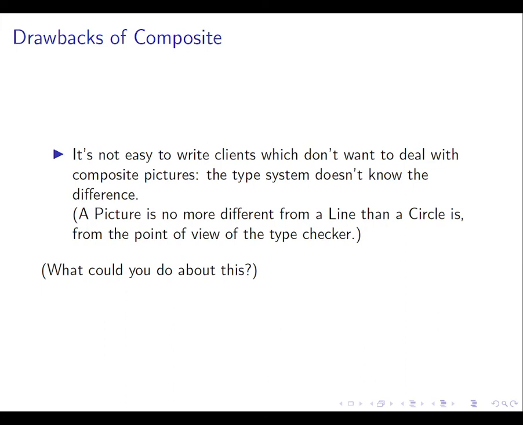Drawbacks, there are always some drawbacks. Supposing you actually wanted to write clients which only worked on primitive graphics elements, it's now not easy to do that because we've hidden that information. Okay? We've made sure that a picture is no more different from a line than a circle is, from the point of view of the type checker. And maybe you might want to think about some kind of halfway house solutions where clients are allowed to know about whether they're dealing with a composite object if they wish to.